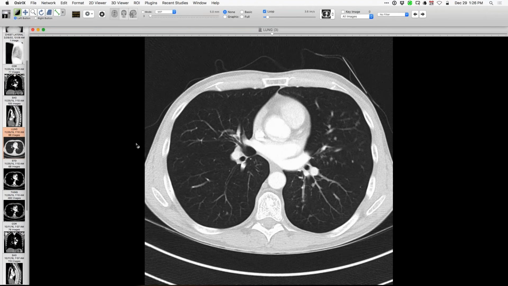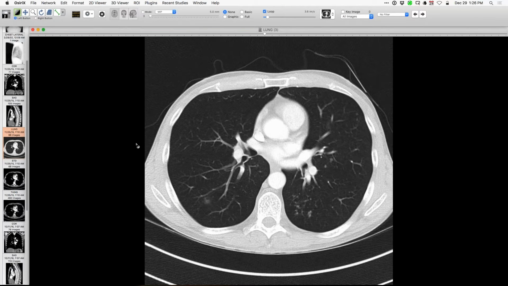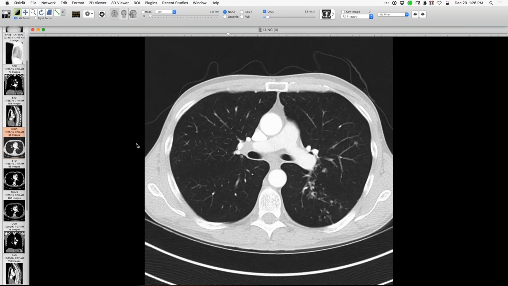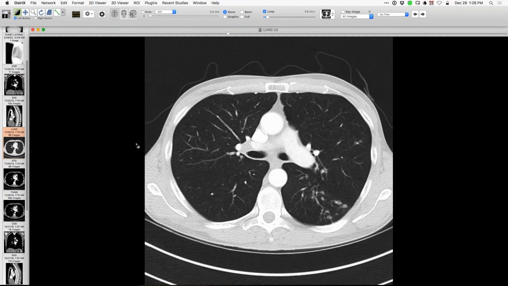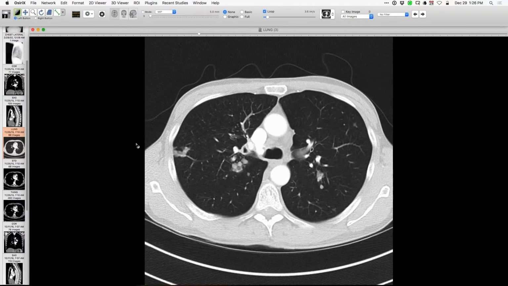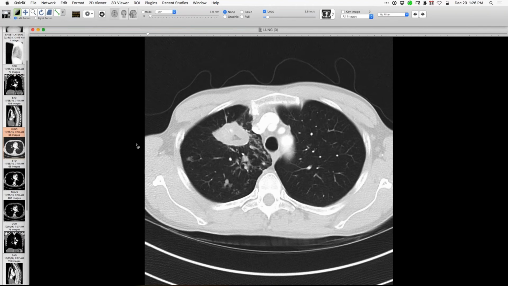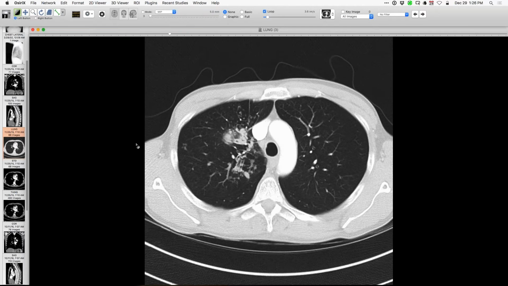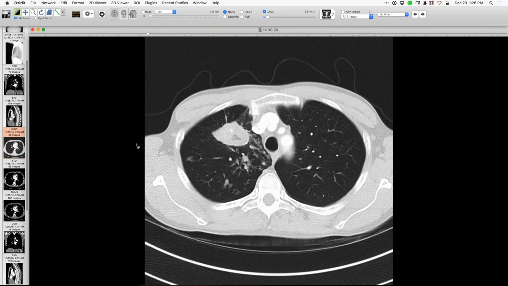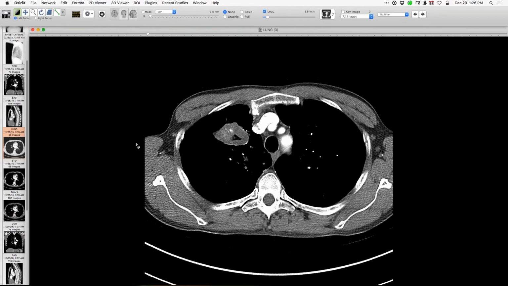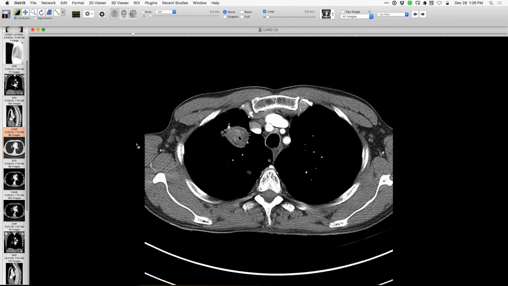I'll give you a second to look at the distribution of these small nodules. Some of them are peribronchovascular, some are subpleural. Here, of course, we have the largest one, which is obviously cavitary and quite large. There's a little calcium associated with it.